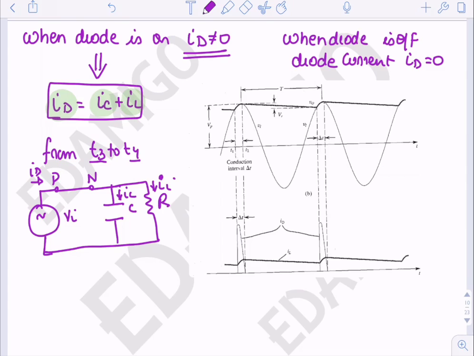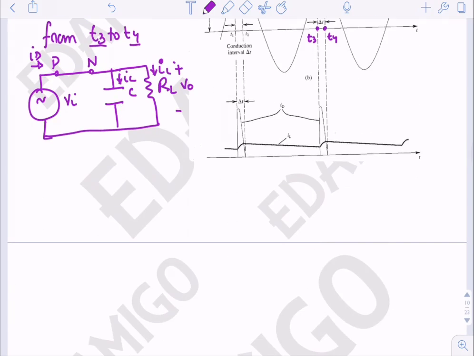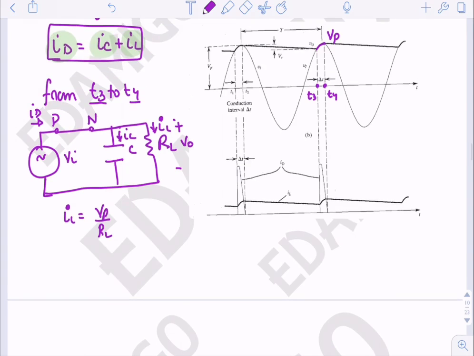From time t3 to t4, we can see that the voltage across the load RL, that is VO, is approximately equal to VP. So the load current IL is equal to VP upon RL. And to find the average value of the capacitor current in this time duration delta t, we will do this.